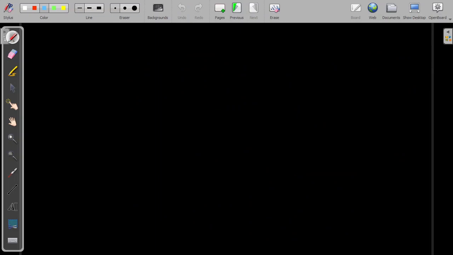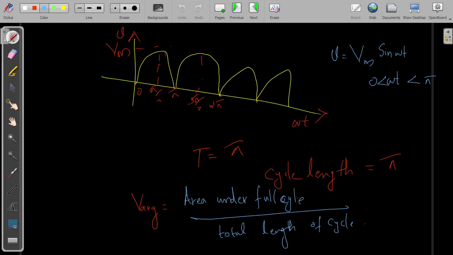Now for the area, we are going to apply integration. I'm considering a small differential length, d theta, or d omega t, both are equal, and this is infinitesimal, tending to 0.